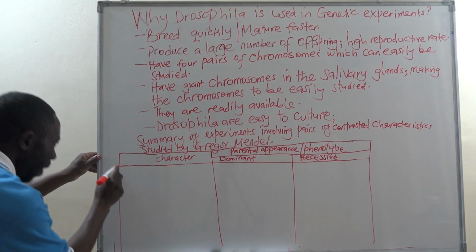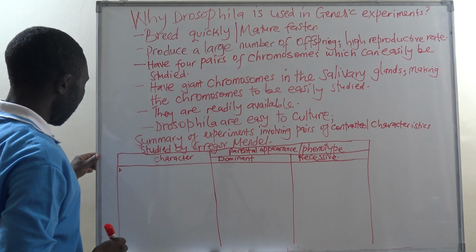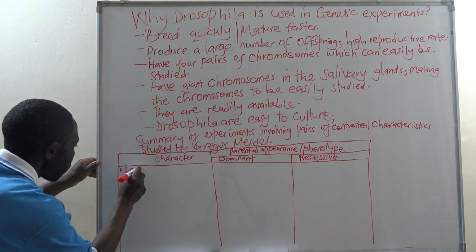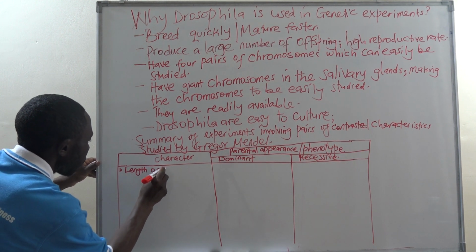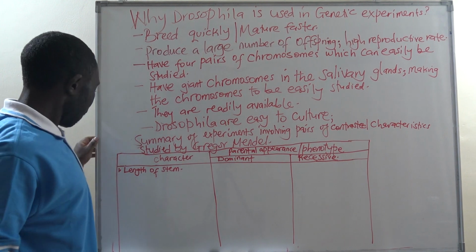Now, the first character I list here is number 1. I will talk about length of stem. This is what we have been dealing with.